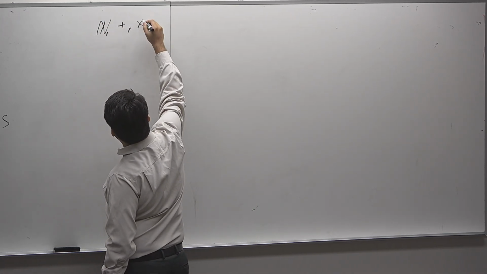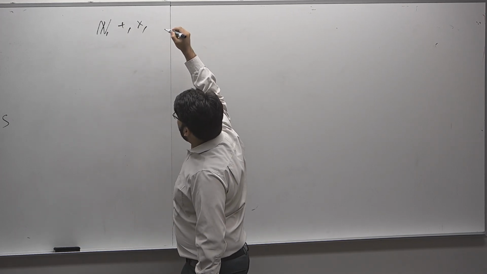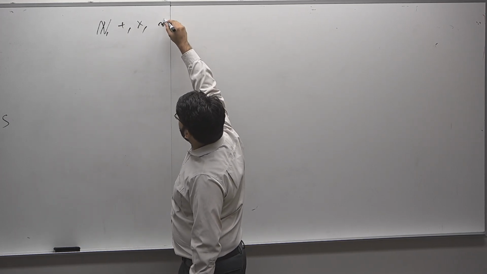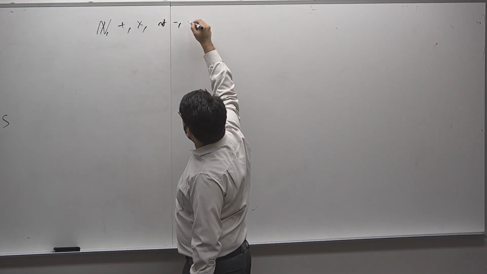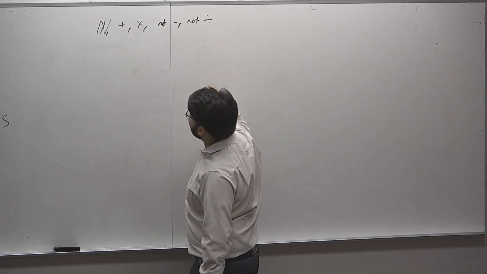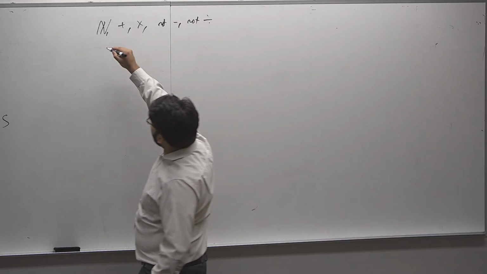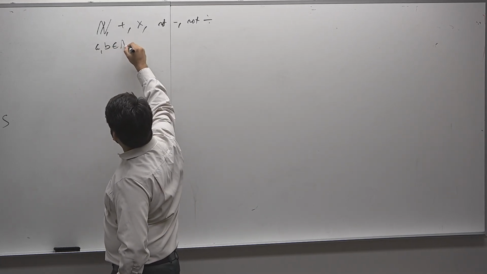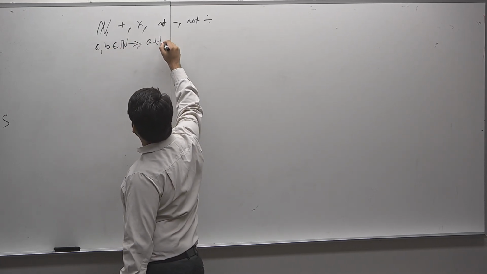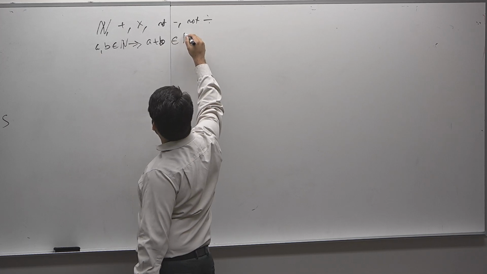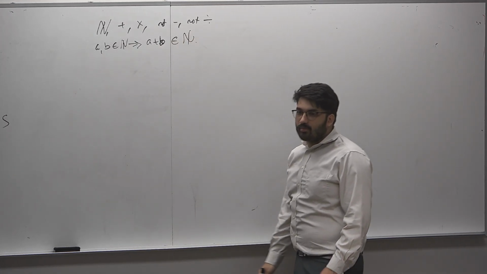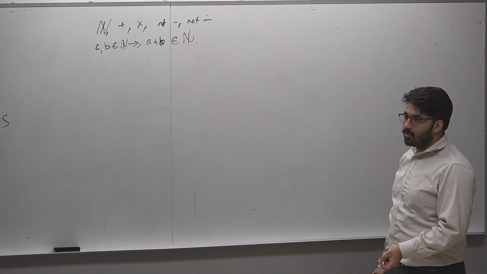Addition and multiplication, but not subtraction and not division, right? So what this means is that, for example, if a, b are naturals, then that implies that a plus b is a natural.